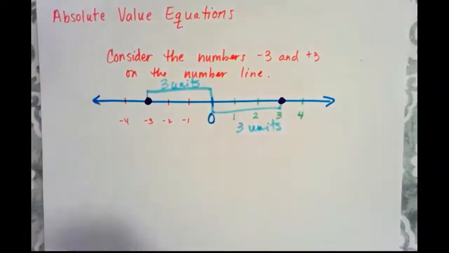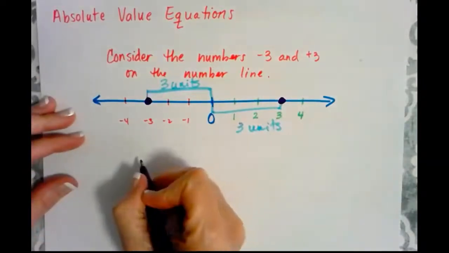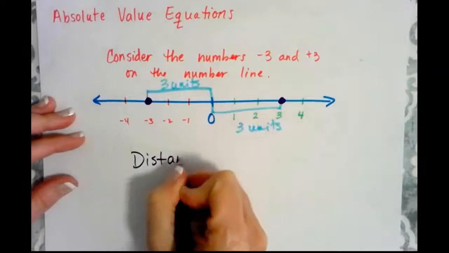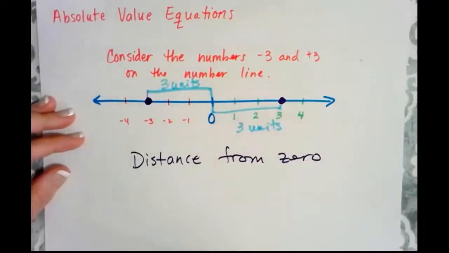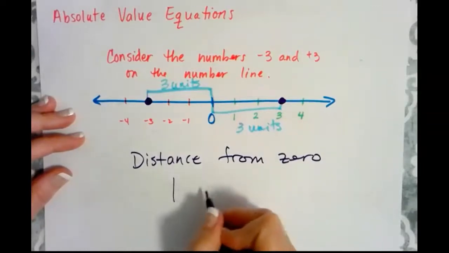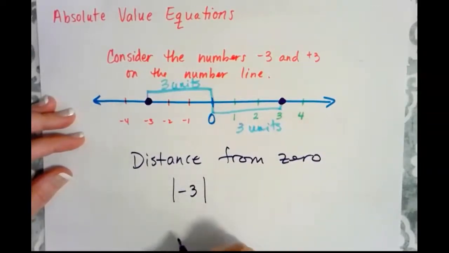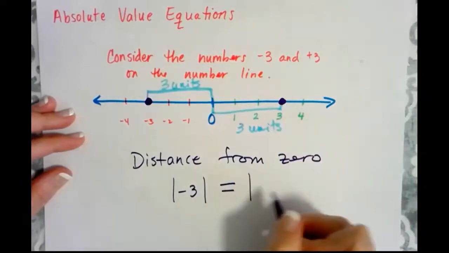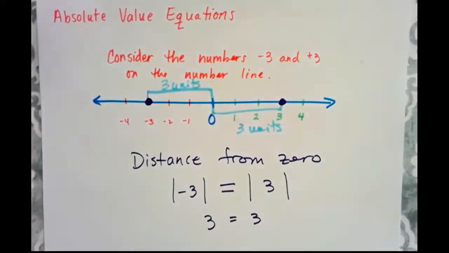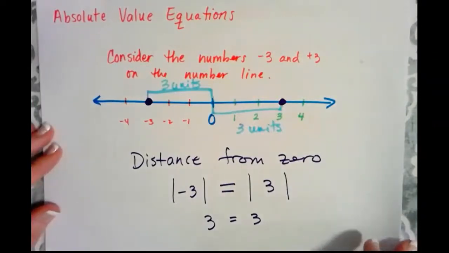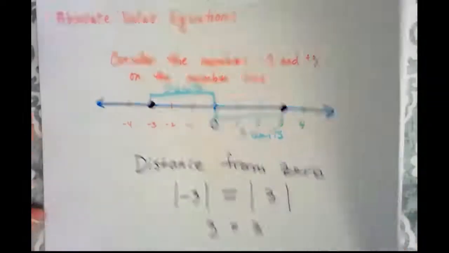So if the definition of the absolute value is distance from 0, then we can say that the absolute value of -3 is equal to the absolute value of 3. Why? Because they're both 3 units from 0. So always think how far from 0. It doesn't matter if it's to the left or to the right.